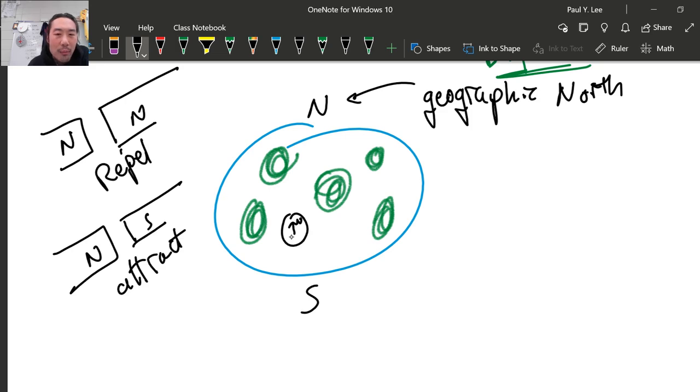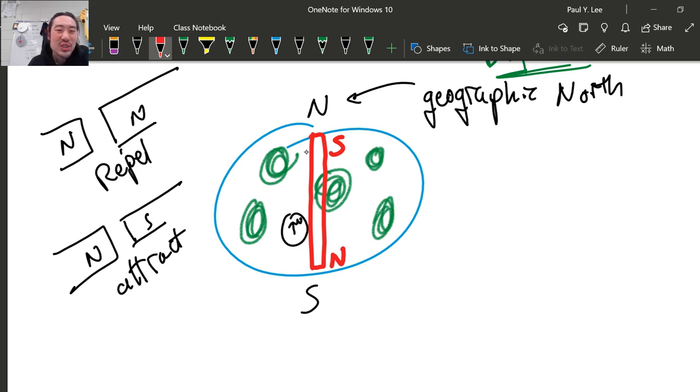So if the compass is attracted to the North Pole, that is actually a slightly skewed description of what's happening. If we were to put a giant bar magnet in the middle of the Earth, the North Pole is actually a giant South Pole, and the South Pole is a giant North Pole.